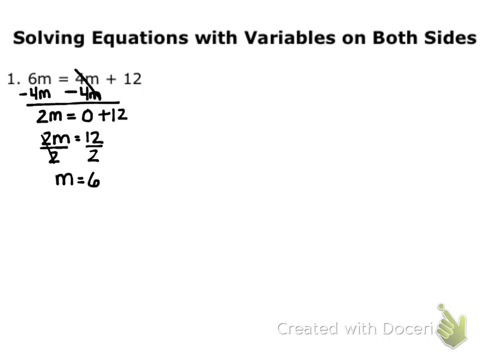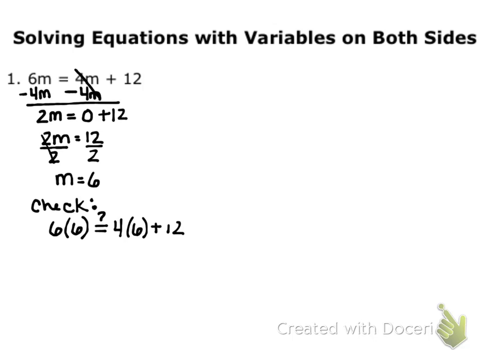Now Tyler, I know you like to check the problems, so I'm going to show you how to do that. You can check the problems by taking your answer and plugging it in for m in the original equation. So we would do 6 times m, which we now know is 6, and we'd be asking, does that equal 4 times 6 plus 12?